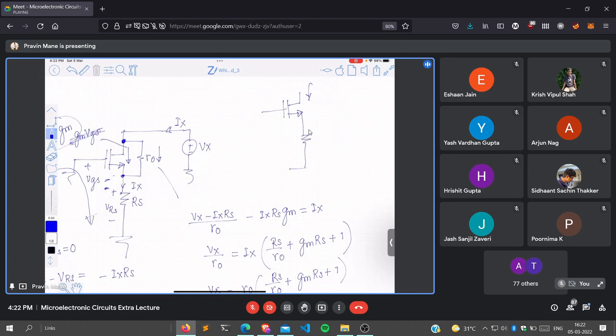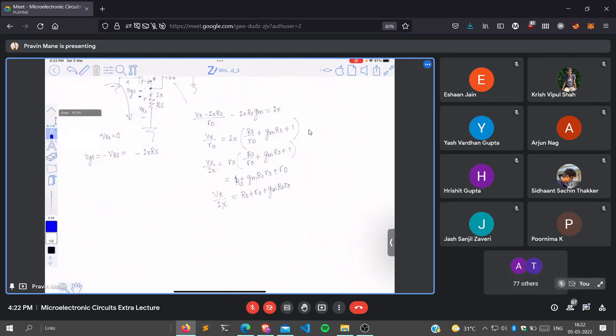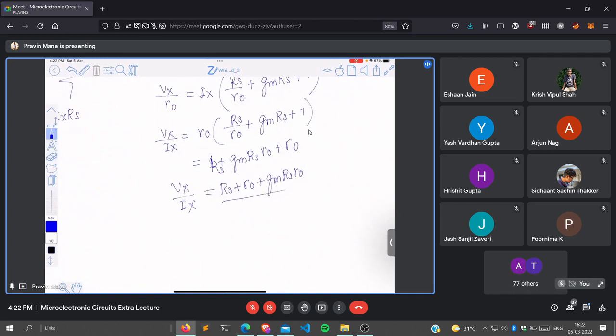If RS is present, then it is an altogether different equation. If RS is not present and the source is connected to ground, the resistance looking from the drain terminal is only RO. Understood? If RS, any resistance, is present, this is called source degeneration.